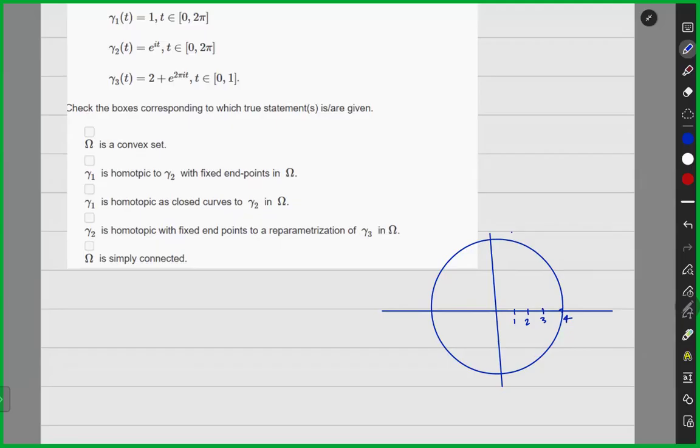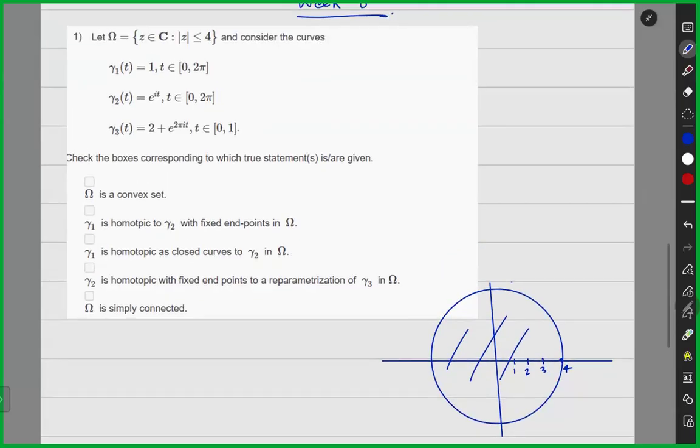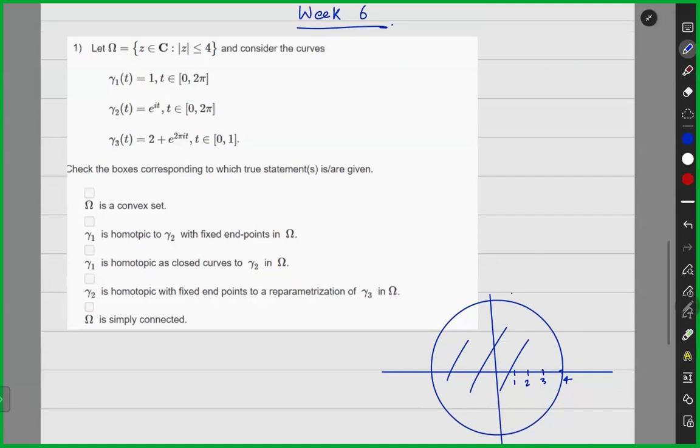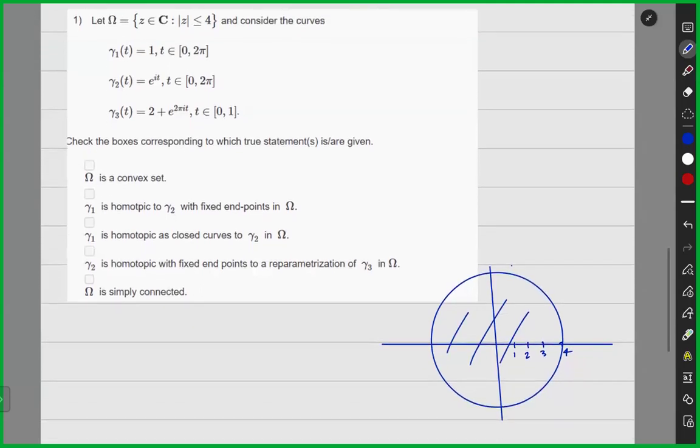So our domain is this closed disk. And gamma 1 is a constant curve, which takes the value 1. Gamma 2 is e to the power it, which is the unit circle. So this point is gamma 1.